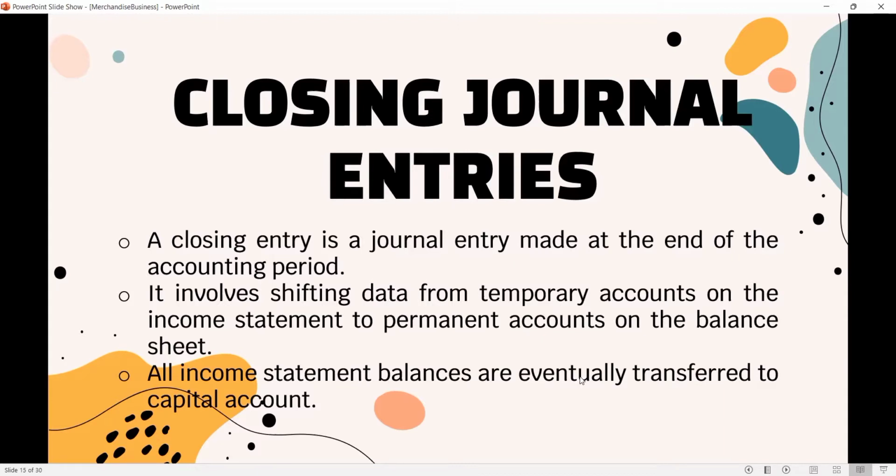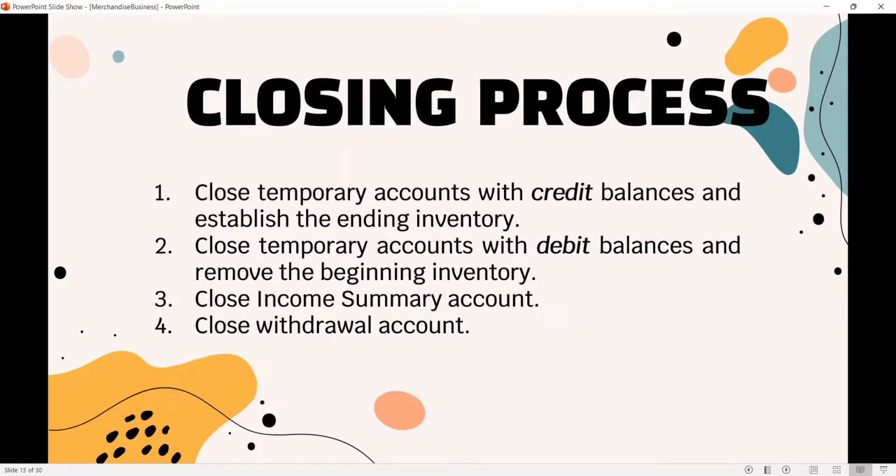All temporary or nominal accounts, the accounts that we see in the income statement, will be closed. All income statement balances are eventually transferred to the capital account.